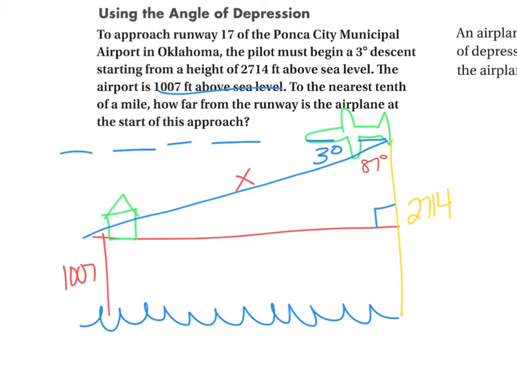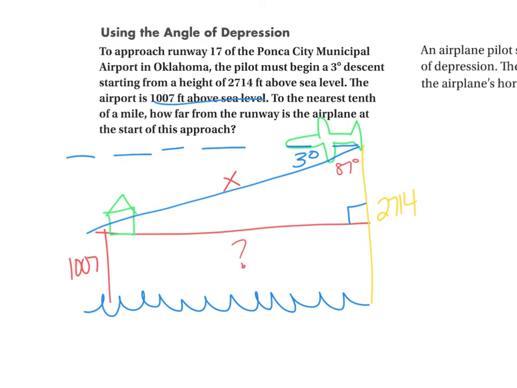Now, we know we're trying to find our hypotenuse, so we need to either look for an adjacent side or an opposite side. We can't do an opposite side because they don't tell us anything about the ground. But they do give us enough information to figure out what the adjacent side is. So it's not 2,714, right? It's 2,714 from sea level, but how much is it from the ground?